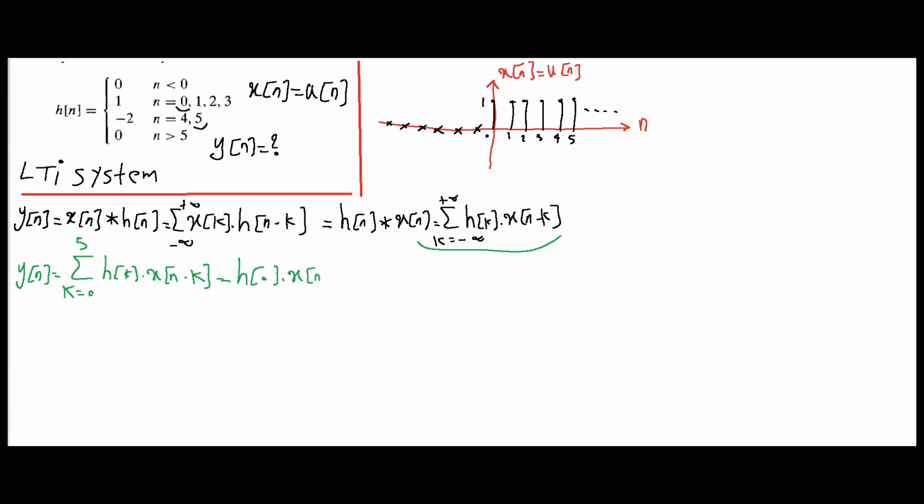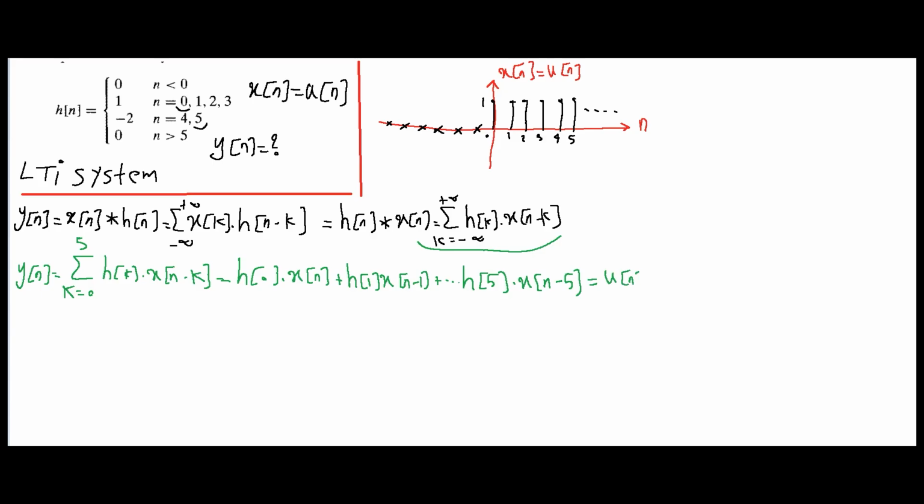And the result is obtained in the following form. If I want to give an example, if you set k at 1, this term becomes h[1] multiplied by u[n minus 1]. And in the same way, we continue.